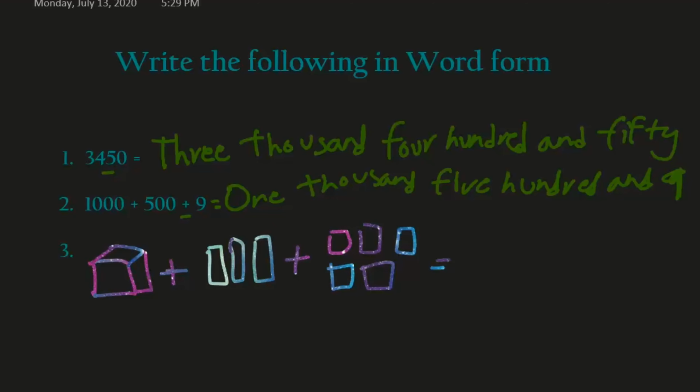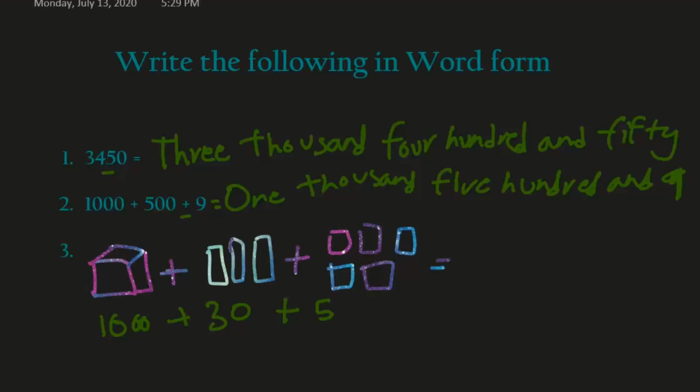Now it's our last and final question for the day. If you haven't already tried it, try it out right now. So now, first let's convert it into expanded form like this. So 1,000 plus there is nothing in hundreds place, because there's no square. So plus 30 plus 5.